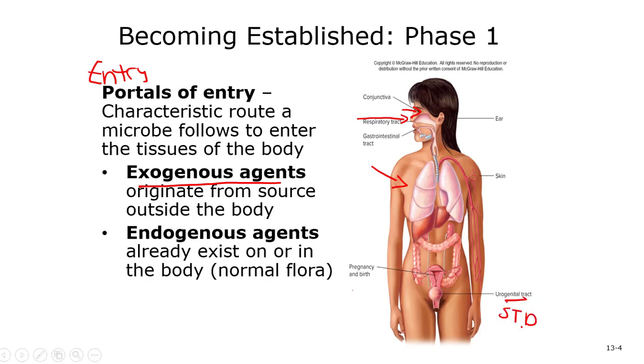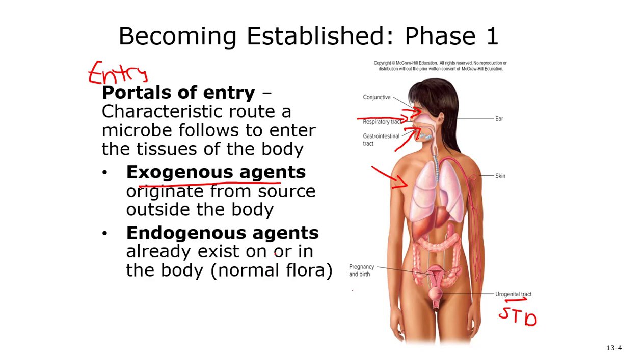Sexually transmitted diseases. Another way the pathogen could enter is from mother to fetus, either during birth or during the pregnancy. So exogenous is coming from the outside. Oh, and don't forget, you could also ingest the pathogen in food.